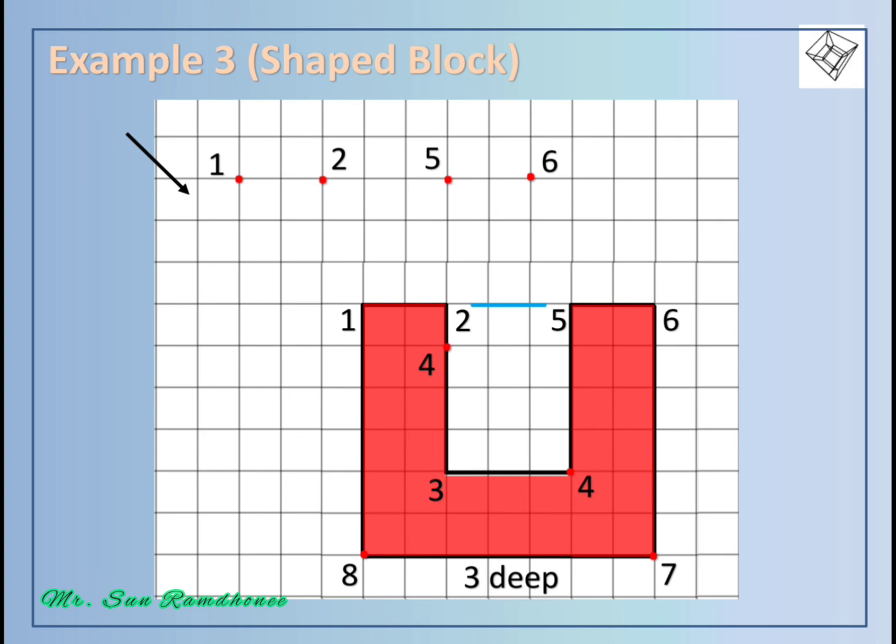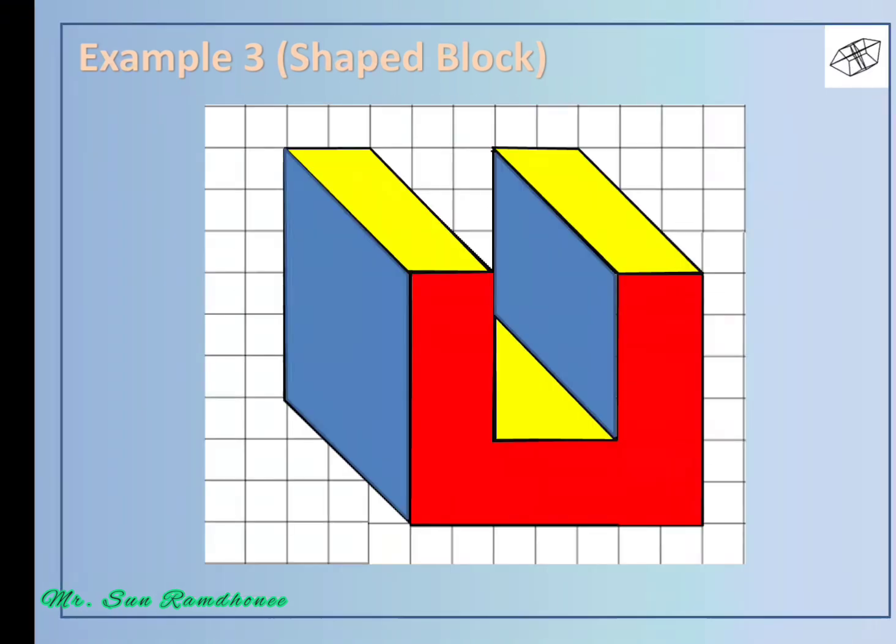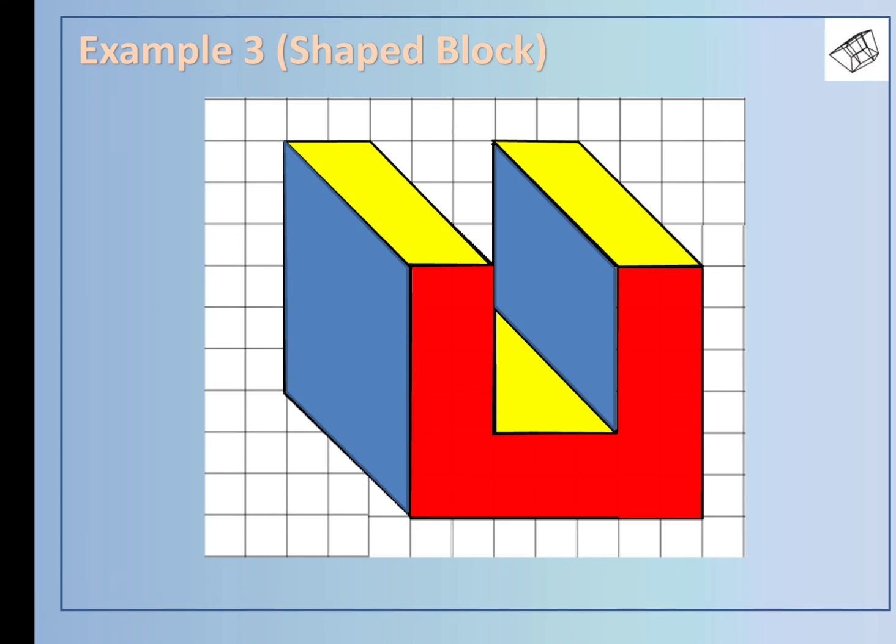So we are going to skip point 7 and we are going to move point 8 instead. Once we have obtained these points into depth, we are going to join these lines. The completed object looks like this after you have applied the colors.